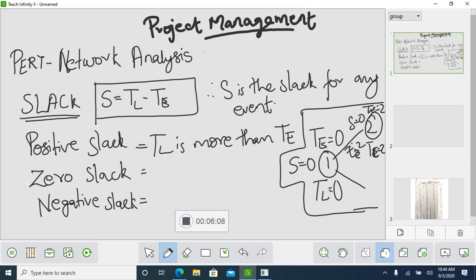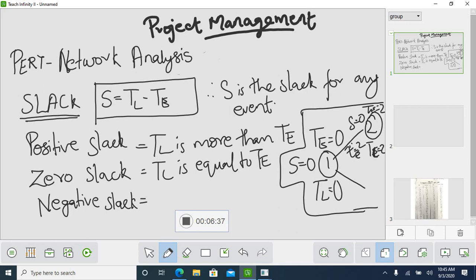That is the condition: TL is equal to TE, which is your zero slack. So the event is going on schedule. It is not delayed and it is not going ahead.